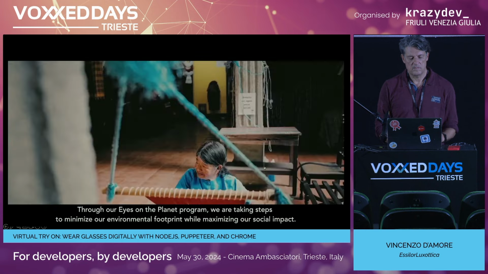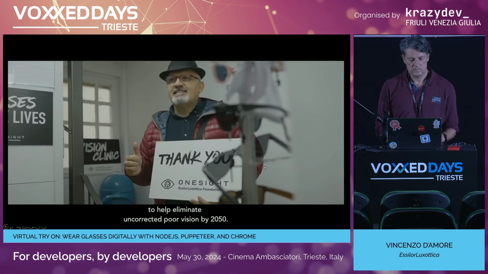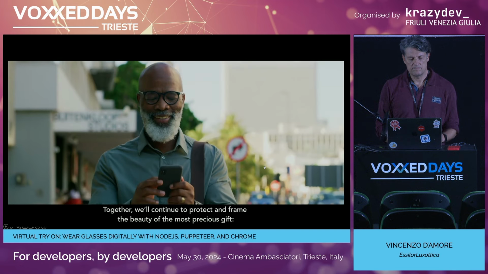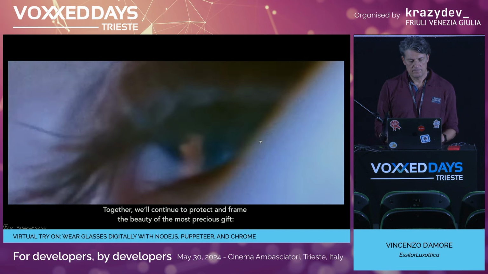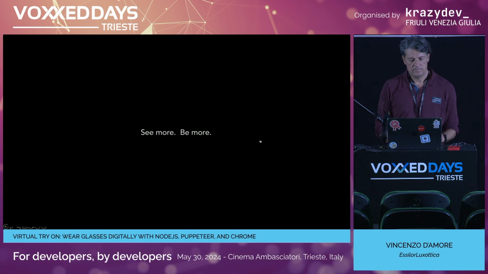Promoting good vision as a basic human right, we are working through the OneSight EssilorLuxottica Foundation to help eliminate uncorrected poor vision by 2050. Together, we'll continue to protect and frame the beauty of the most precious gift, our eyes. See more, be more. EssilorLuxottica.